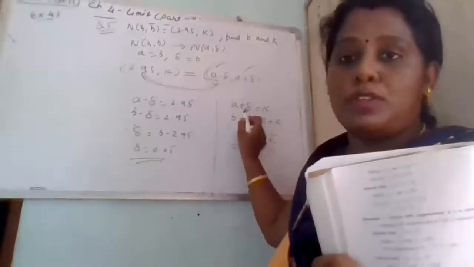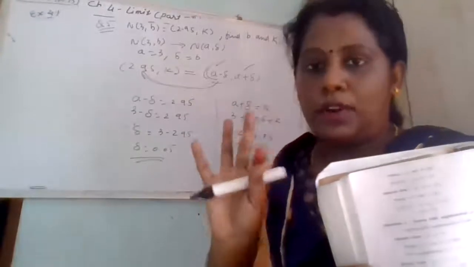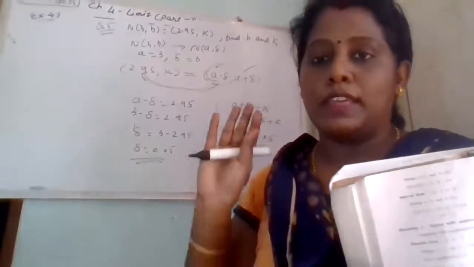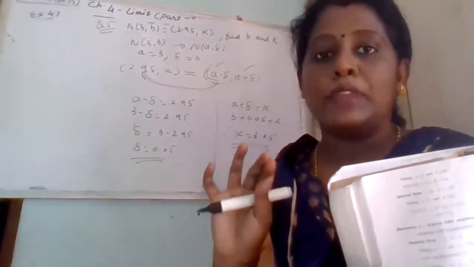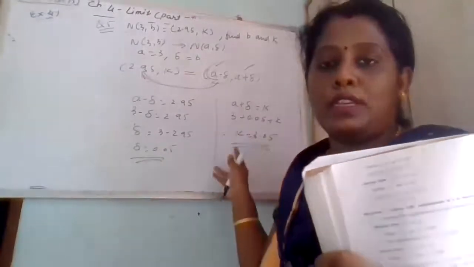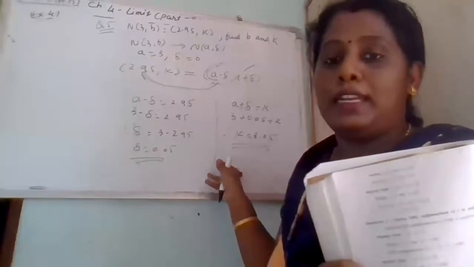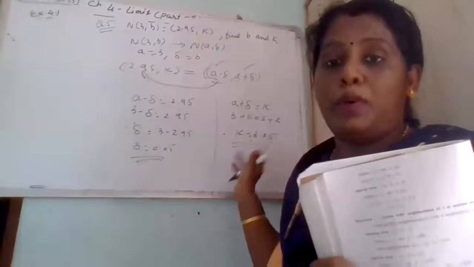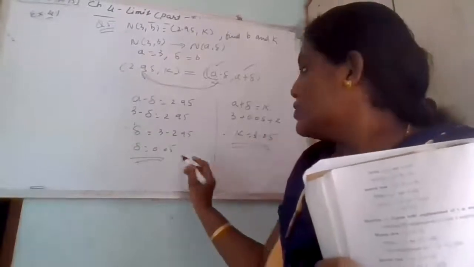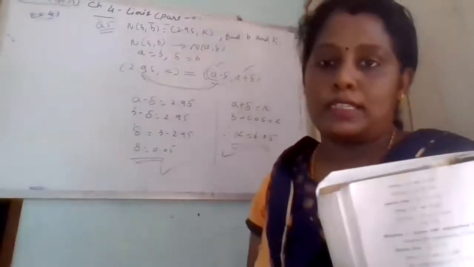So we will substitute the values. Already given in the question is the value of a. Then we found delta. Then we substitute all the values in a plus delta. Then we will get k as 3.05, right? So these are the two answers, right?